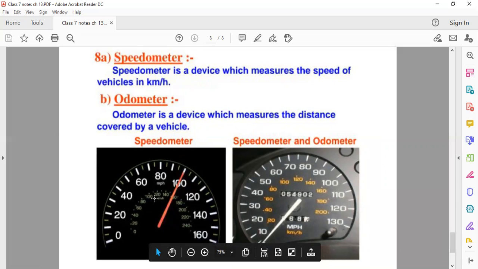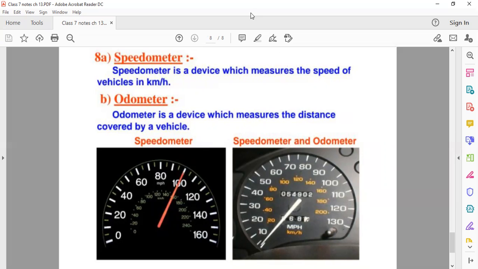One more device fixed in vehicles measures the distance covered by the vehicle, known as the odometer. How much distance has been covered till date by your vehicle can be found from its reading. So the speedometer and odometer are used to measure the speed and the distance.